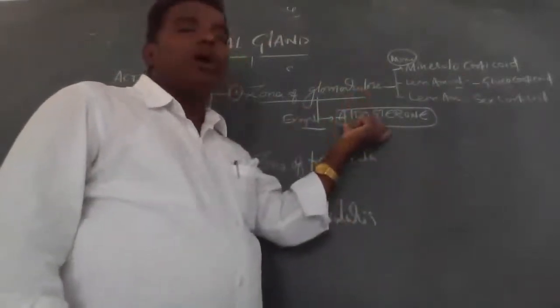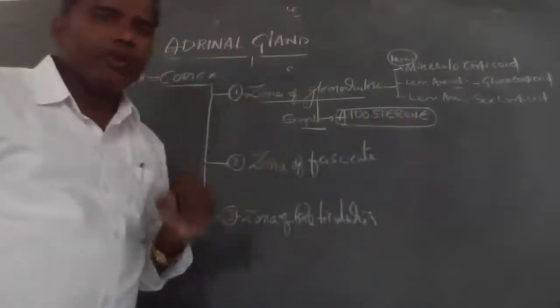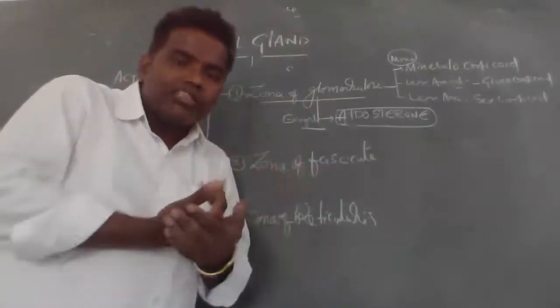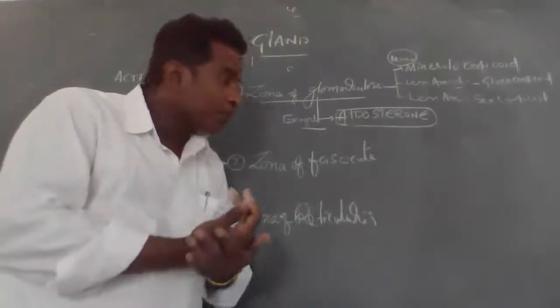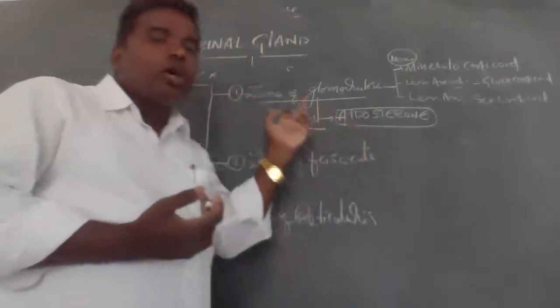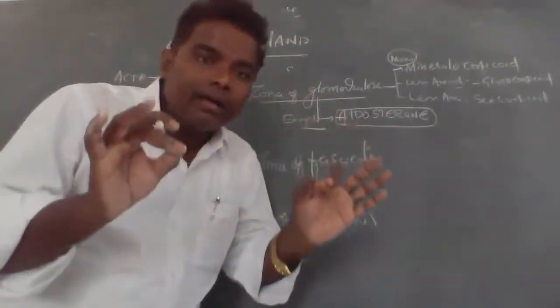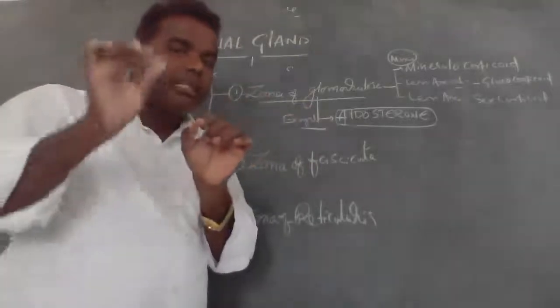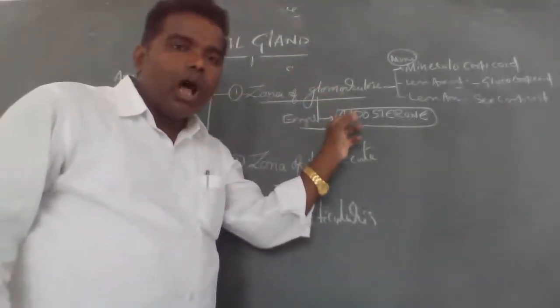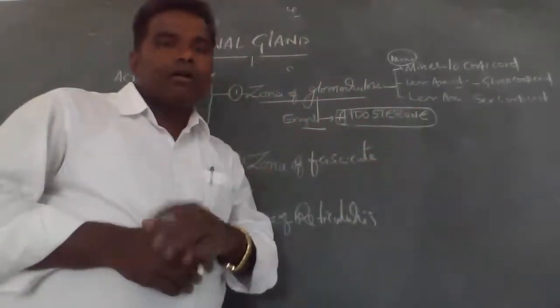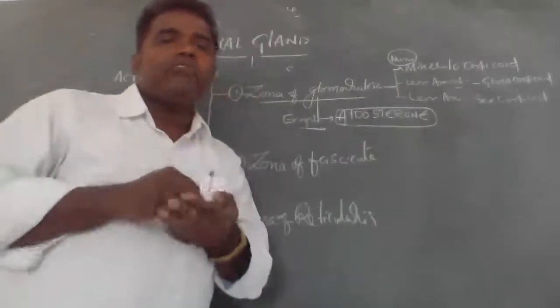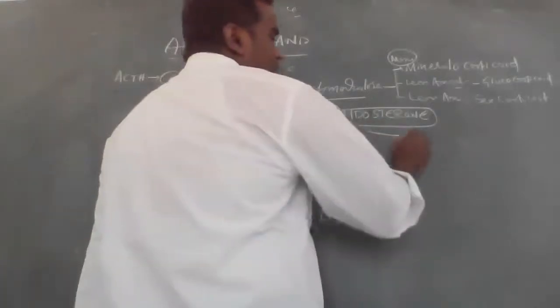The zona glomerulosa secretes more mineralocorticoid and less glucocorticoid and sex corticoids. The mineralocorticoid example is aldosterone. Now, a very important thing: where is aldosterone secreted from? Aldosterone is secreted from the zona glomerulosa of the cortex region of the adrenal gland.